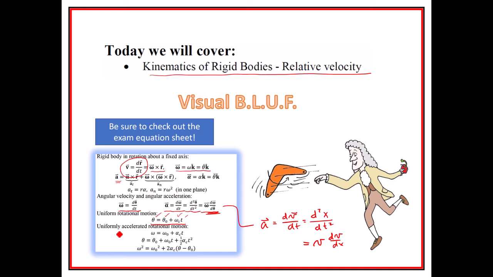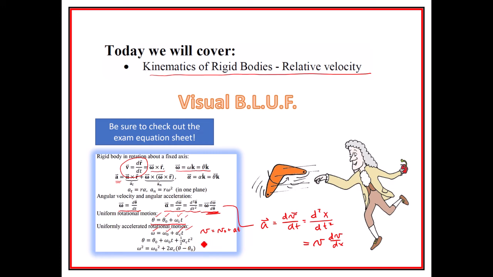When we have the special case of a constant angular acceleration, the final angular velocity is equal to the initial angular velocity plus the constant angular acceleration times time. Just as we would expect, we would write v equals v0 plus at, but now we're just replacing the v with omega and the a with alpha.